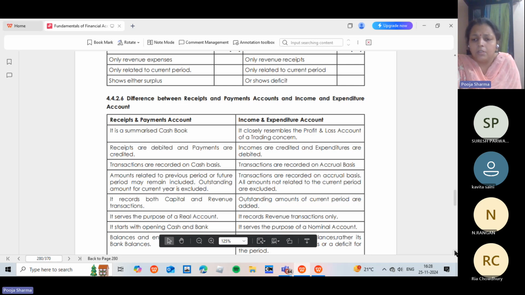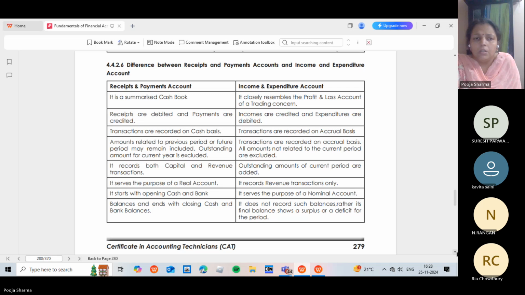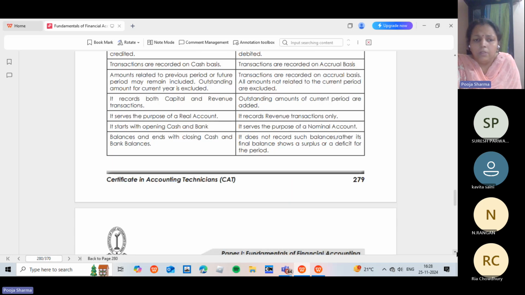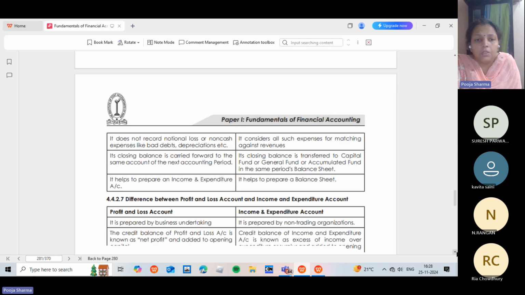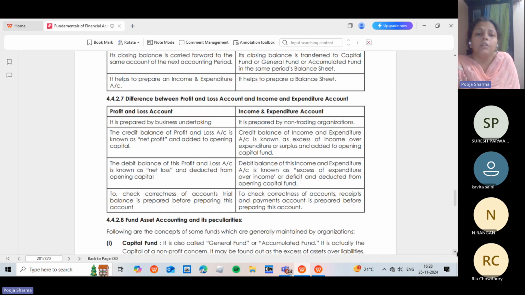Now, next, let me check what is next. The difference between P&L and income and expenditure account. First of all, the P&L account is prepared by a trading concern, a business undertaking, while the income and expenditure account is prepared by a non-trading concern, a non-profit organization. This is the basic difference.